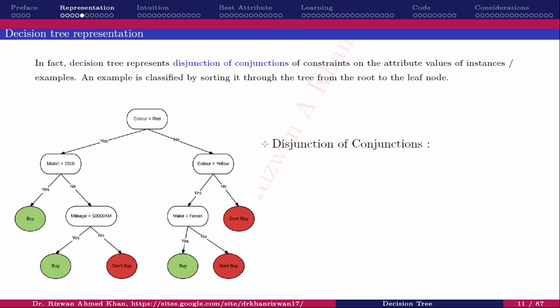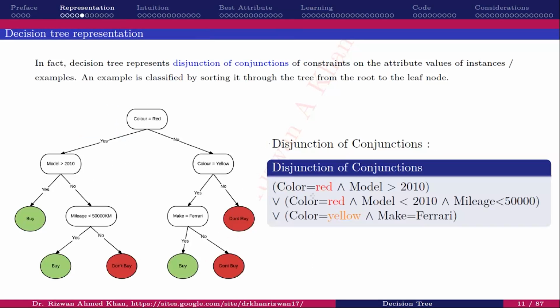Okay. So in terms of disjunction of conjunctions, we can write it like this. Instead of and, I have written conjunction simply.